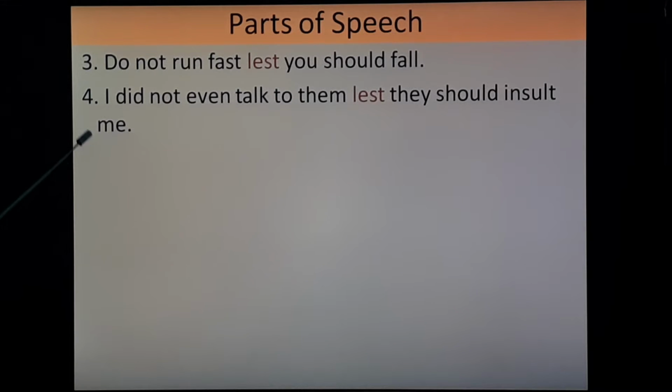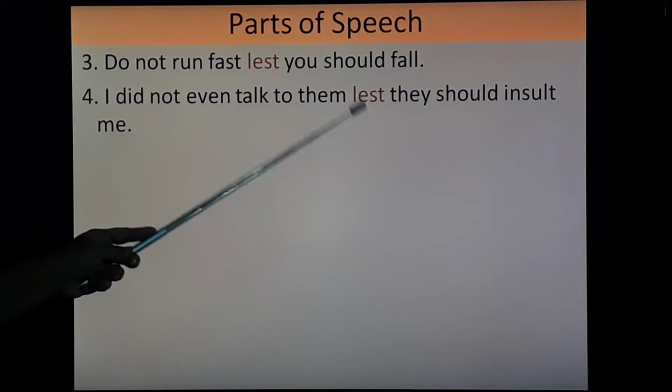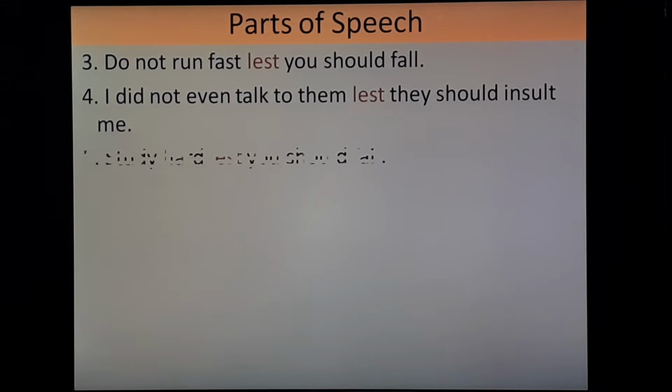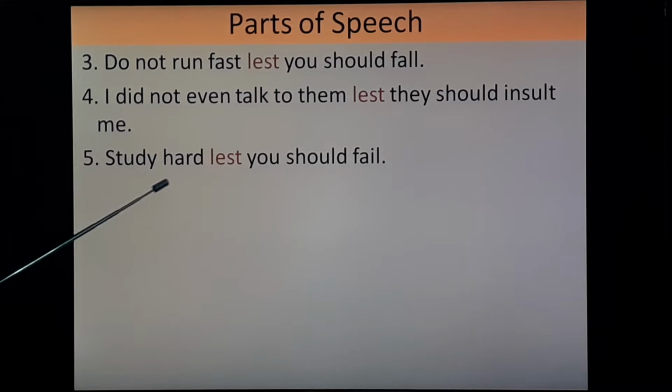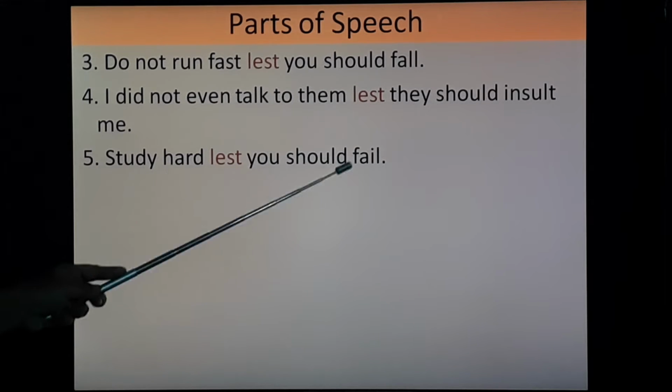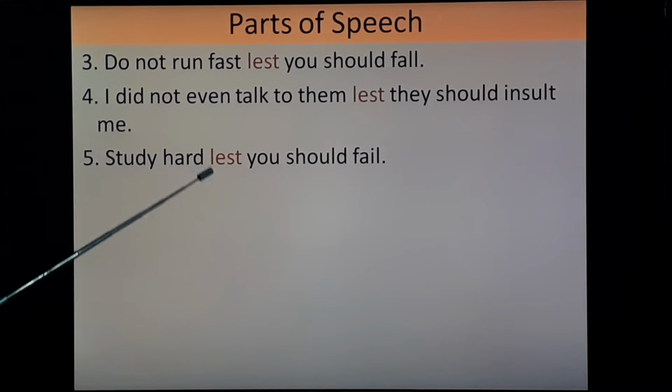So in that sense it is given. So here it is used lest. Study hard lest you should fail. So study hard in case you should fail. That is the meaning. So that is why lest is given in order to prevent something.